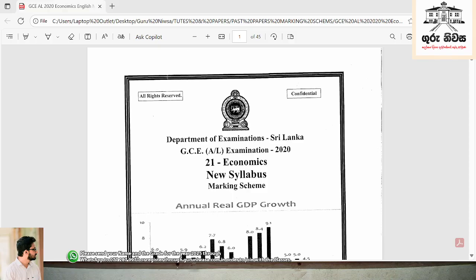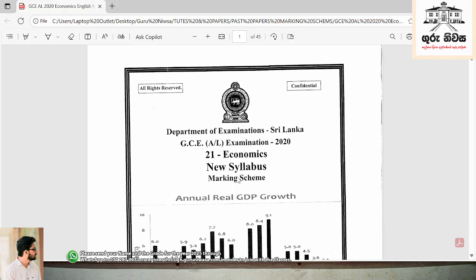I think last day we completed the 2023 past paper regarding production possibility curve. Today, Lamai, let's do the 2020 A-level past paper question from PB.